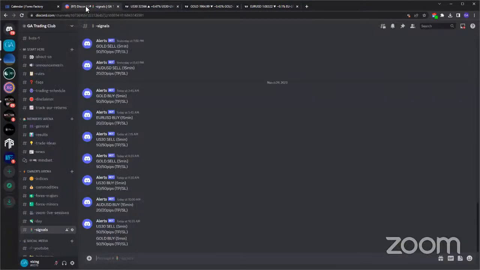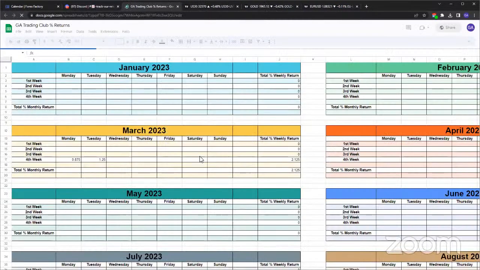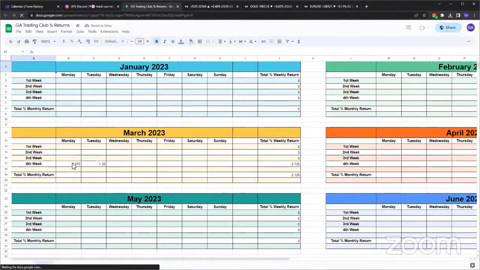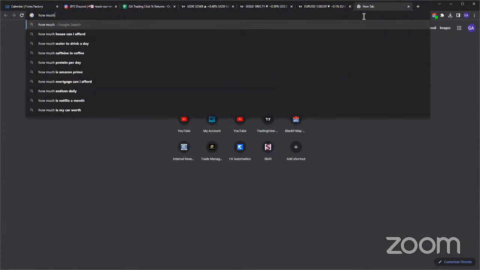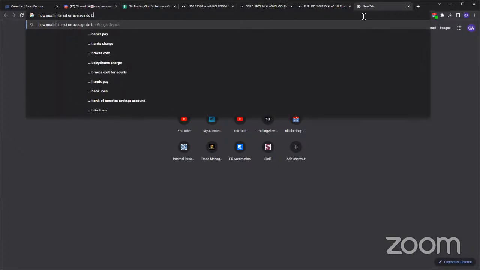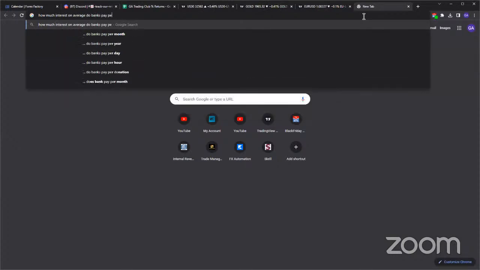That's even cutting down on the 2.5 weeks, thinking that we take 0.5% every day. Keep in mind what I told you guys: even banks, if you take your money to the bank right now, do not be greedy, especially if you're funded. Here we made 1.25% for the day, in 1 day. Let me see how much interest they pay per year.